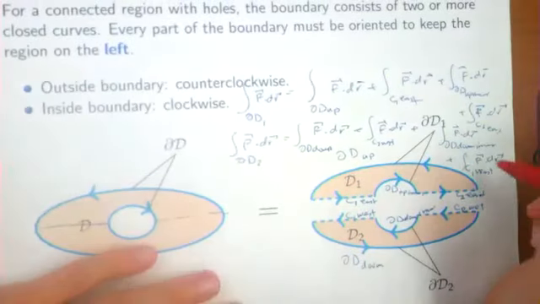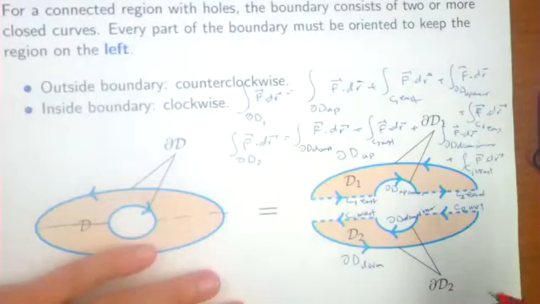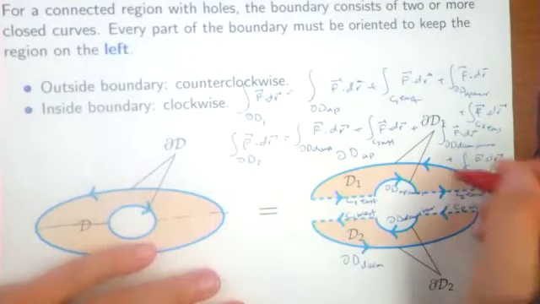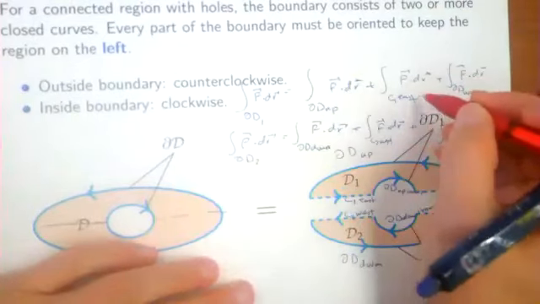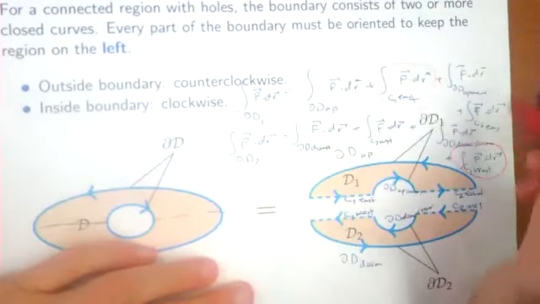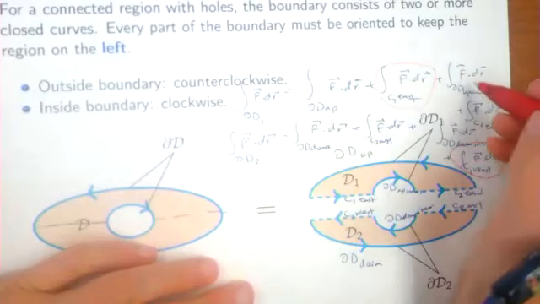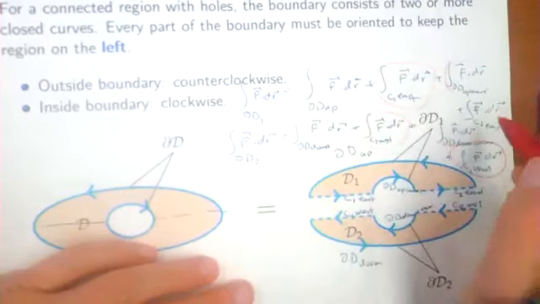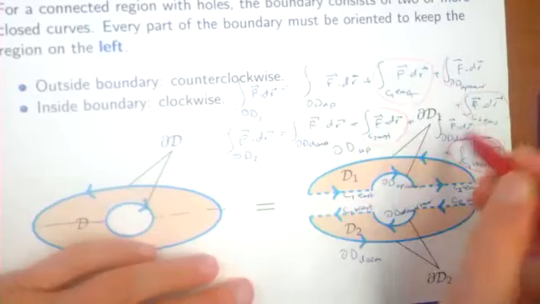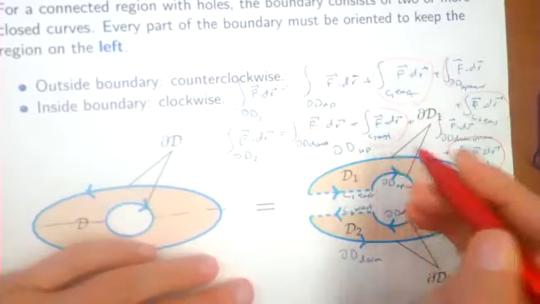The fun part is that C1 westbound and C1 eastbound are going to add up to 0. These two add up to 0. C2 east and C2 westbound, those two add up to 0.